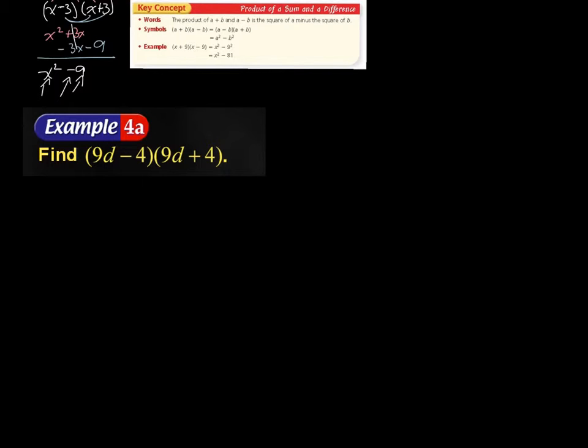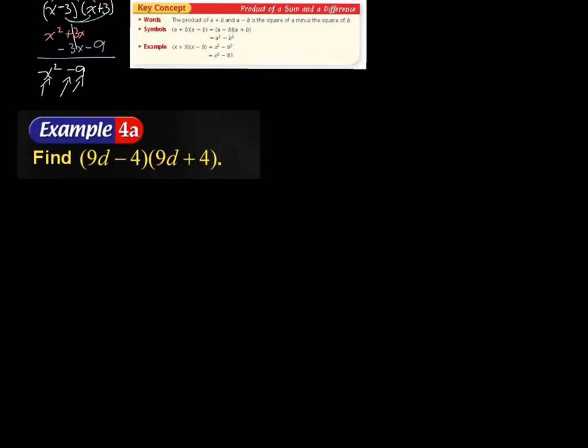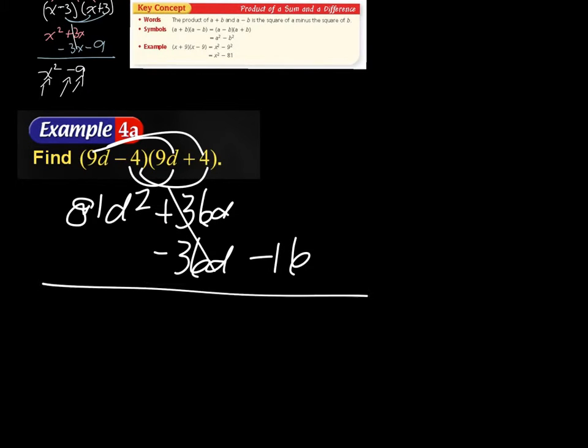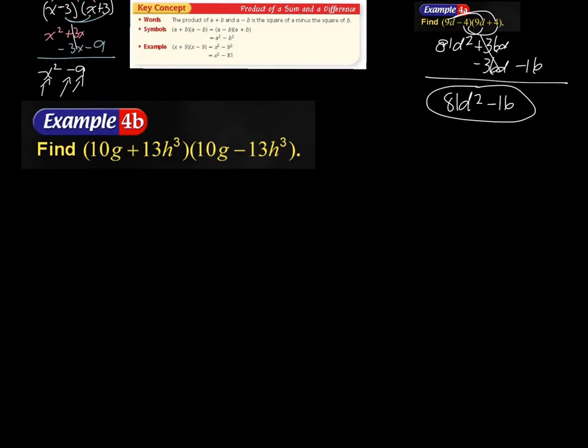If we took the time to FOIL, we'd have 81d squared plus 36d minus 36d minus 16, like terms, well, actually additive inverses, they canceled out, so we have 81d squared minus 16, which is going to work every time we've got the exact same terms, just with a plus and a minus between them. So I'm going to do this using the shortcut.